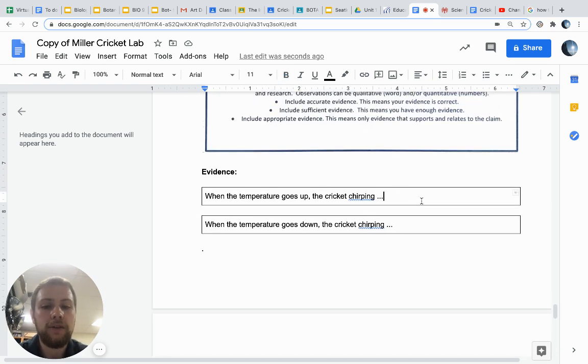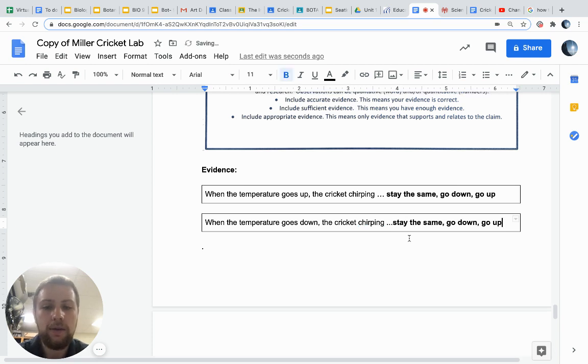So when temperature goes up, answer this: what happens to cricket chirping? It could stay the same, it could go down, or it could go up. Go ahead and figure out which one of those was applicable to you.